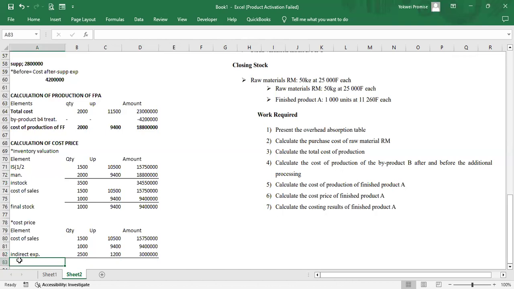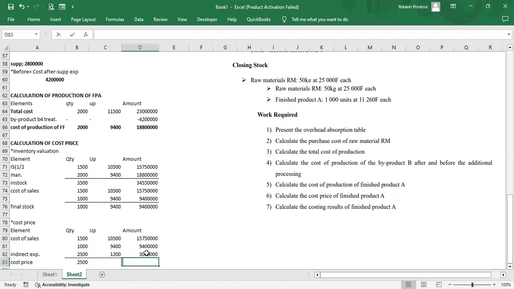So now the cost price per unit will be equal to the total cost divided by the units. Since we know that the total units of production that we are dealing with is 2,500, we are just going to write the 2,500 here. What will be the total cost? We take the sum of all this.